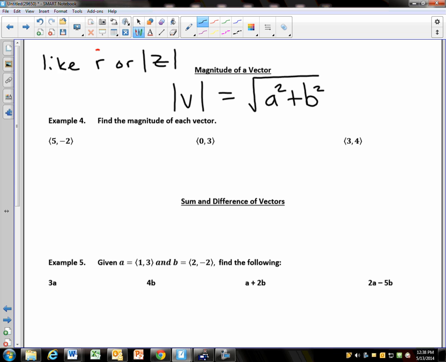So again, all we're learning is terminology right now. The magnitude of the vector is its length, which we calculate by using the Pythagorean theorem. Find the magnitude of each vector. What's 5 squared? Negative 2 squared?